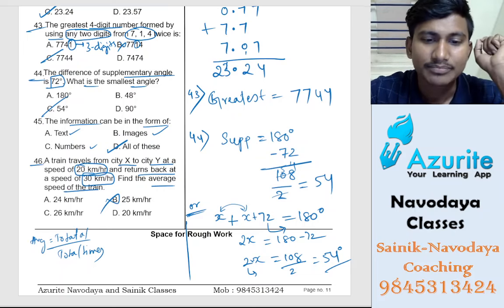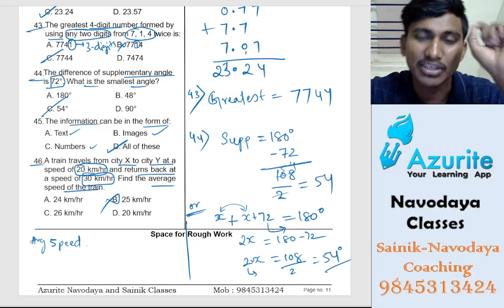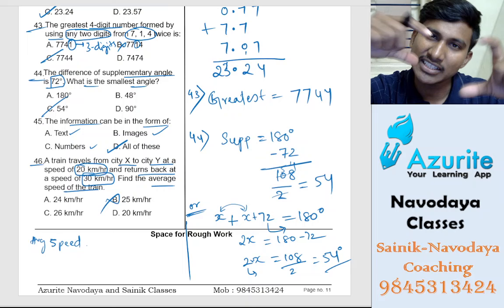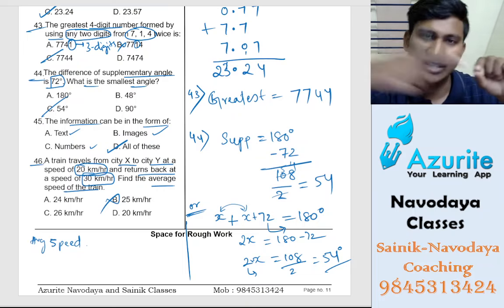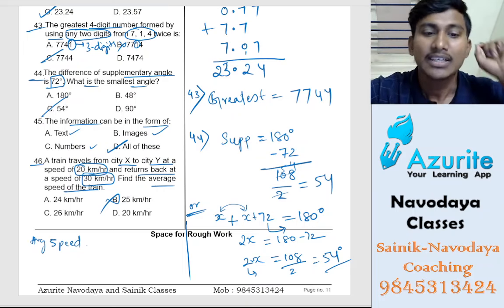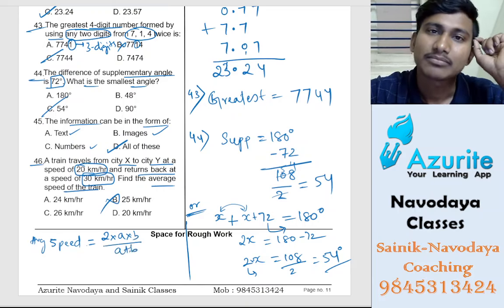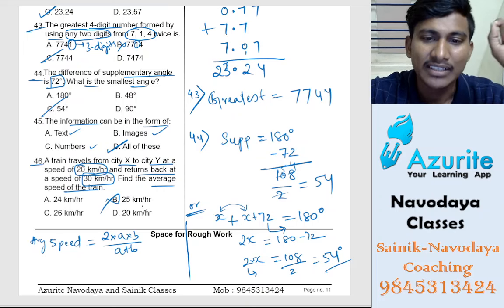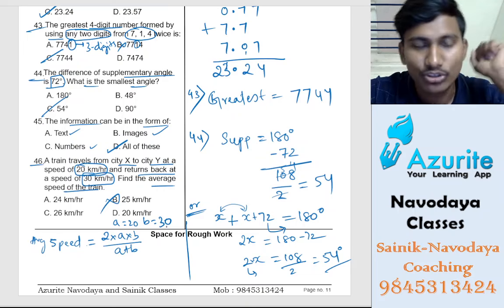When the distance is the same, because when you go and come back the distance is the same, like going to school and coming back, the formula for average speed is 2 into a into b divided by a plus b, where a is the first speed and b is the second speed. Here a is 20 and b is 30.